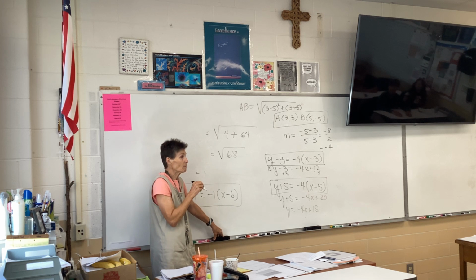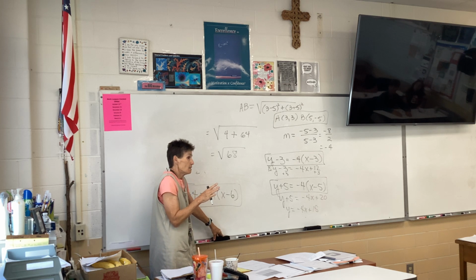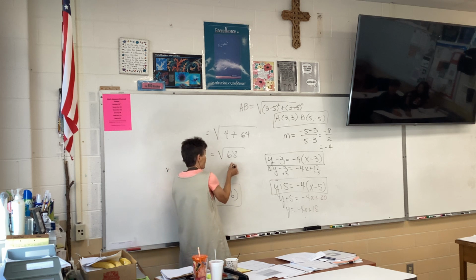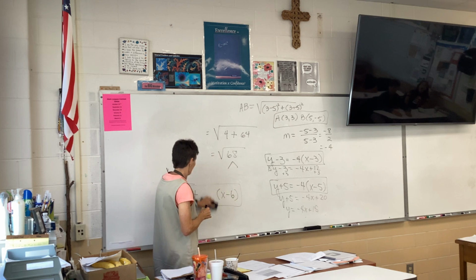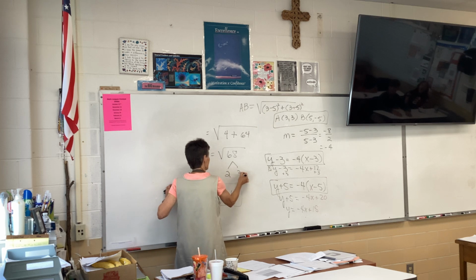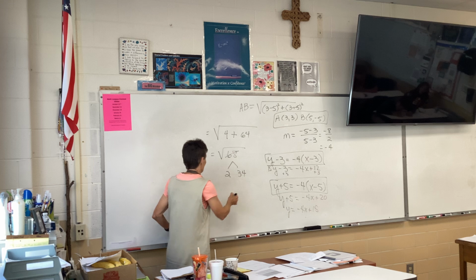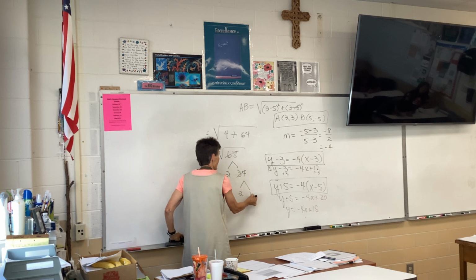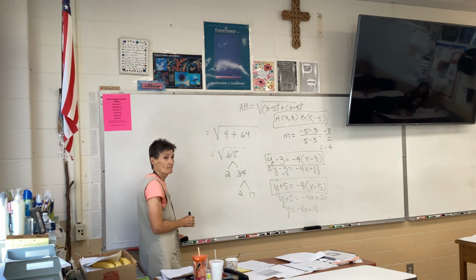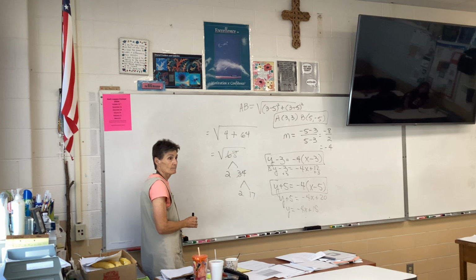And then what do we remember? If we want to get full credit, we need to see if this breaks down. 2 and 34. 2 and 17. 2 outside.